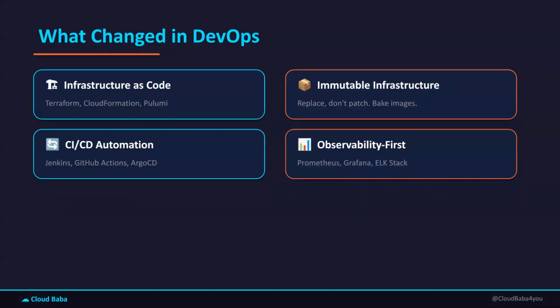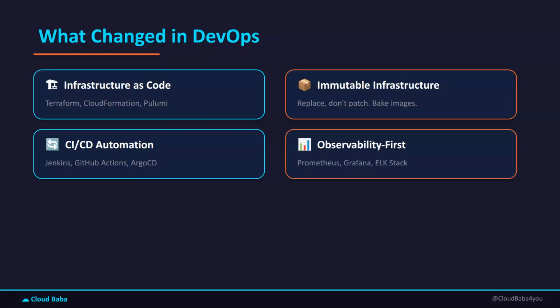What changed in DevOps? Let me put it concretely, four big shifts happened. First, infrastructure as code. That is Terraform, CloudFormation for AWS, where the infrastructure lives in version control. Second would be immutable infrastructure.